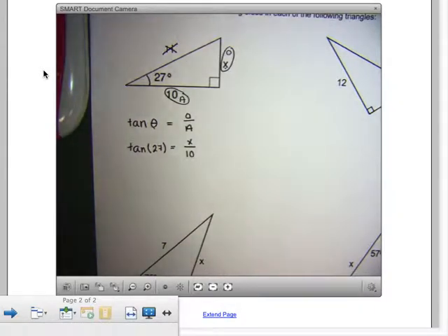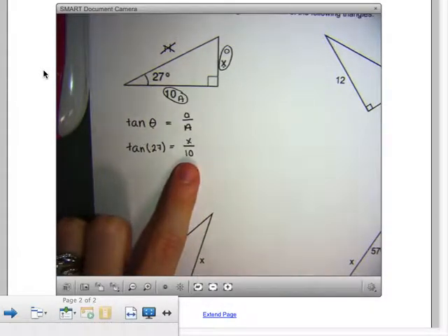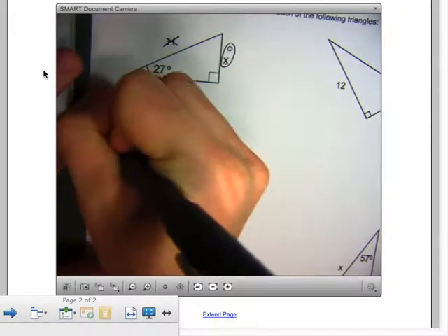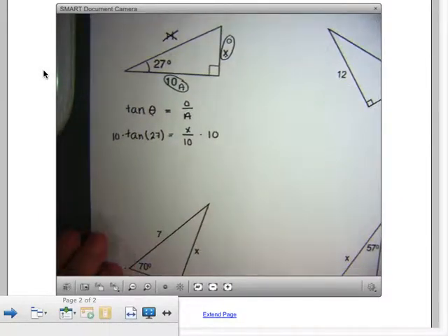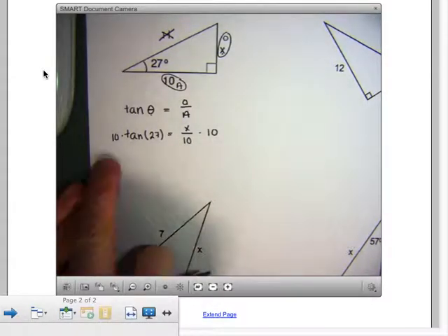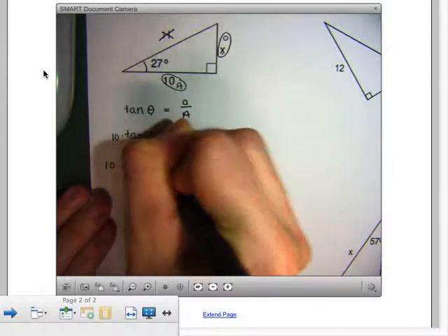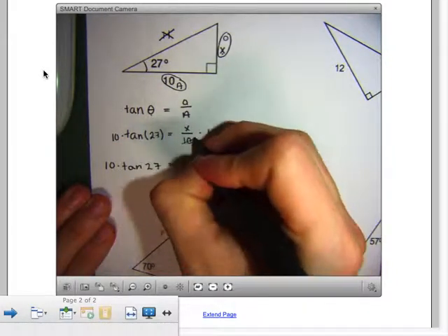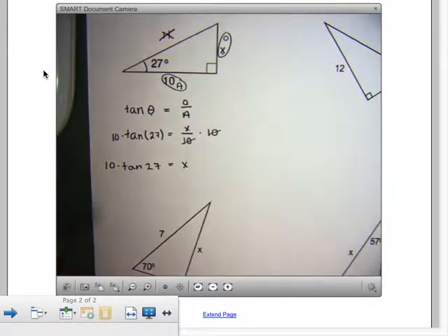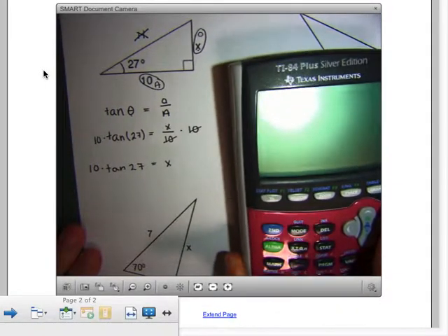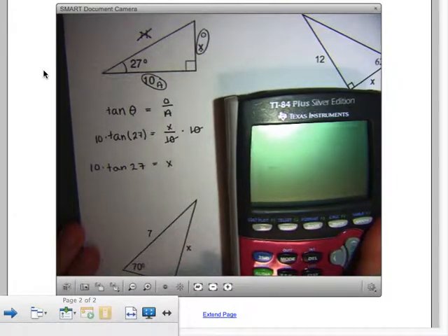Okay, so I'm going to go ahead and get x by itself first. So remember, we're dividing by 10. So to undo that, we're going to multiply both sides by 10. So over here, I have 10 times the tangent of 27. On this side, my 10's cancel, so I have x. So now that my variable is by myself, I can use my calculator. Okay, I'm just going to plug it straight in.